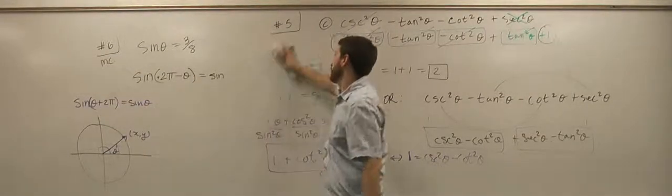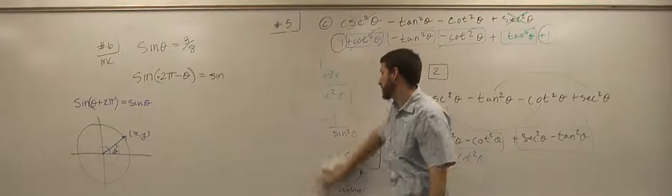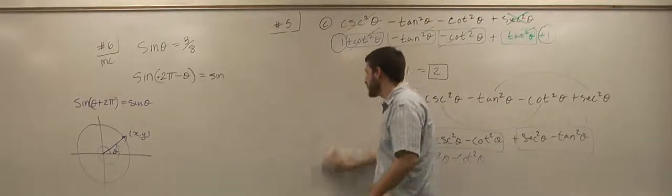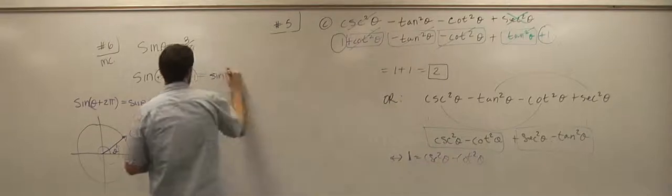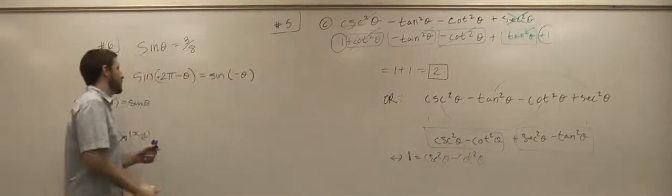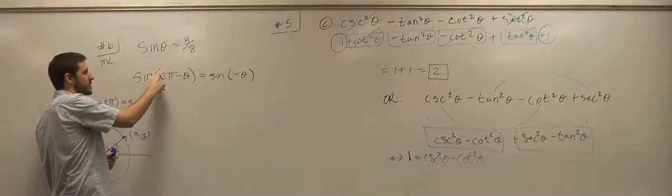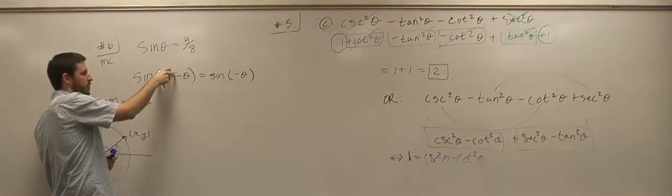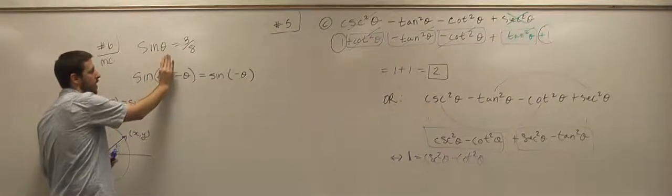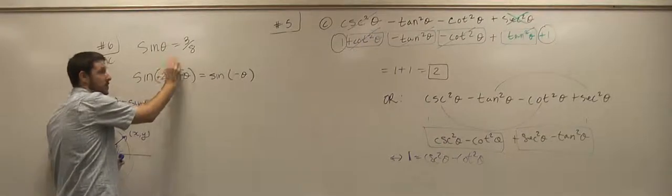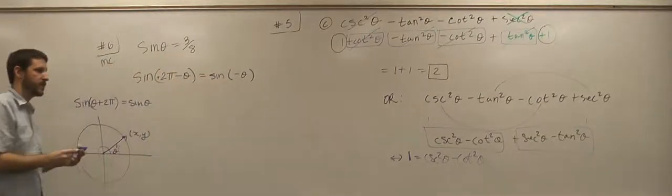Theta or negative theta? Negative theta, yes. The 2 pi you can drop, the negative you can't. Because in front of the 2 pi is a positive, this is like an extra full rotation in the positive direction. If you drop that, you'll get the same thing. But if you drop the negative, you'll get something different.